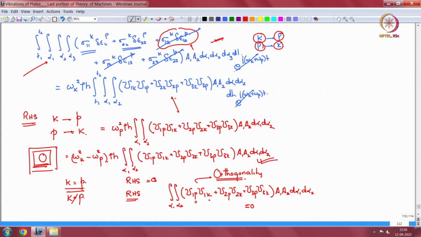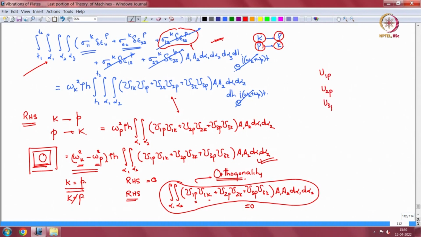Now if k is equal to p, then of course this term goes to 0. However, if k is not equal to p, still the term has to go to 0, and then you get an orthogonality condition on the mode shape. As I said before, u1p, u2p, u3p together is the pth mode shape.